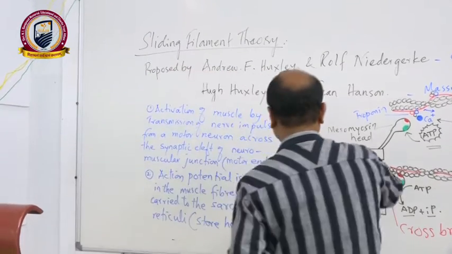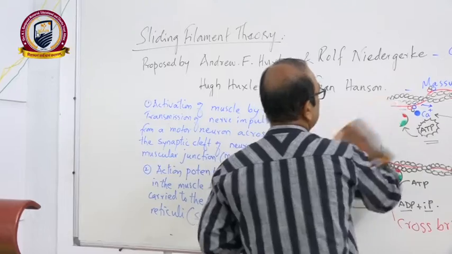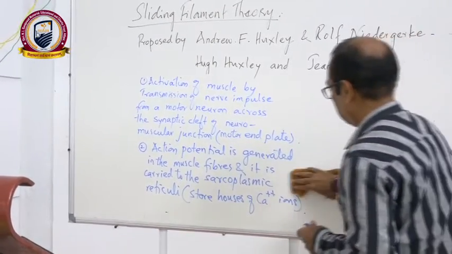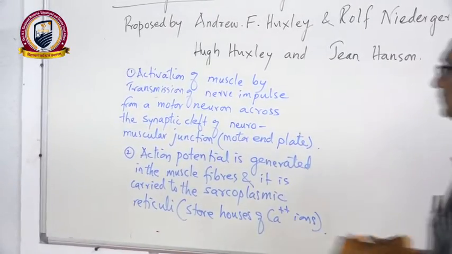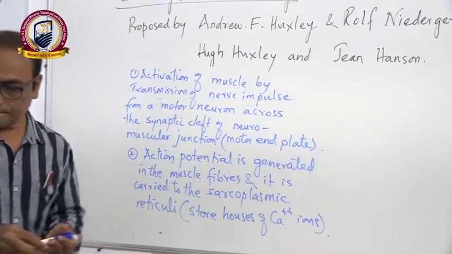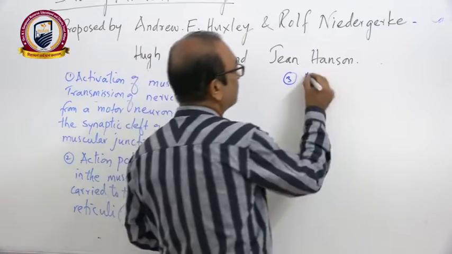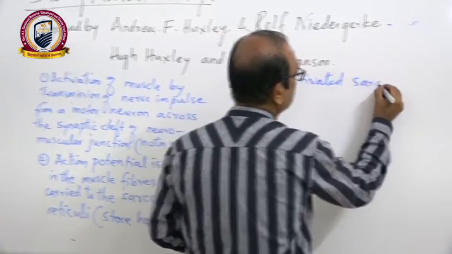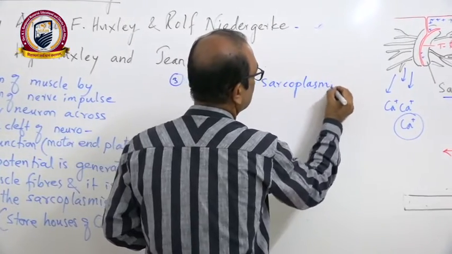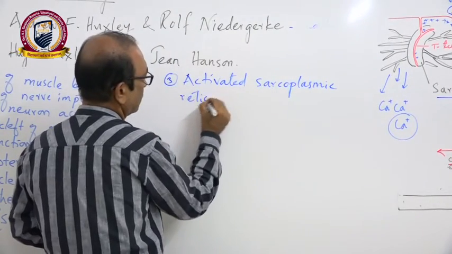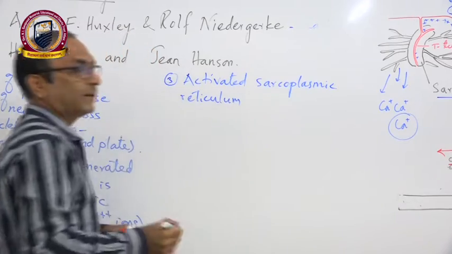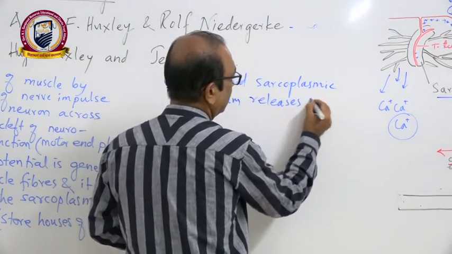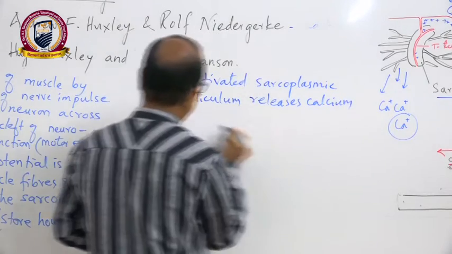Okay, and we already learned about this diagram, so let us rub it and write down the further steps involved. Activated sarcoplasmic reticulum releases calcium ions.